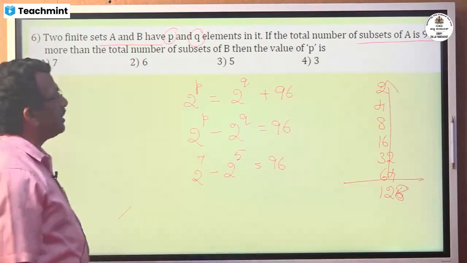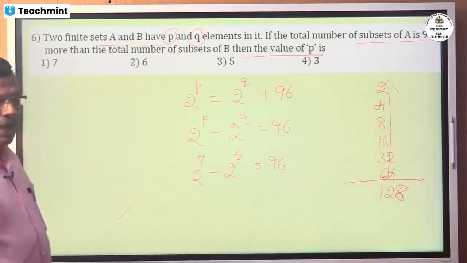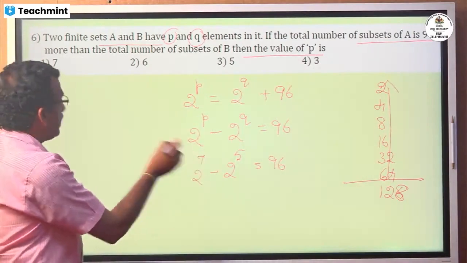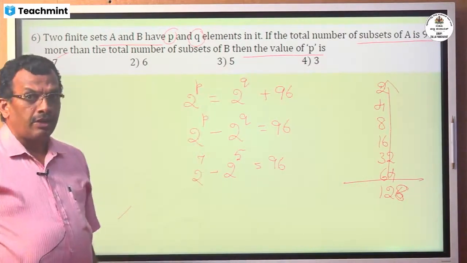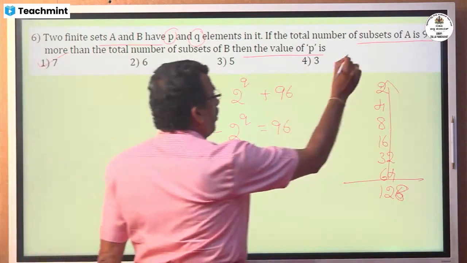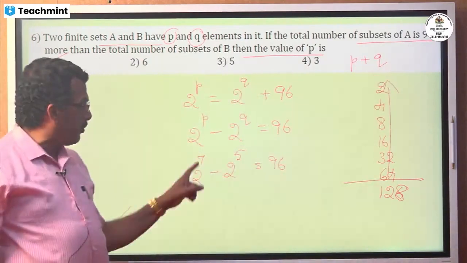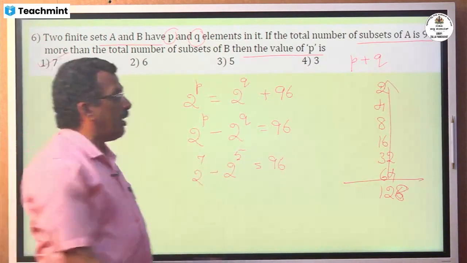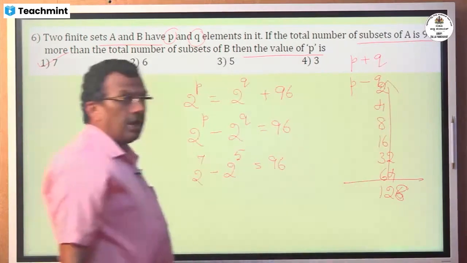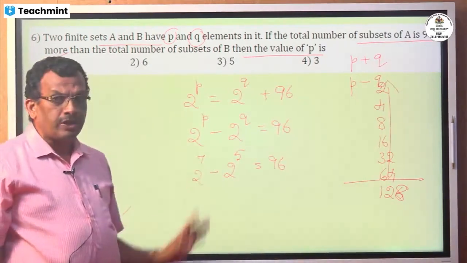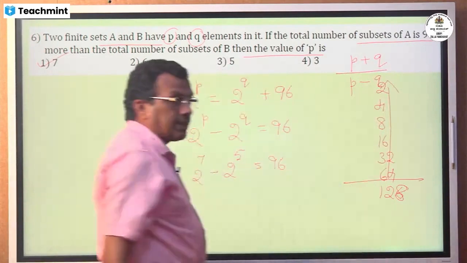The question is, then the value of P is, what is P? 7. ಅಲ್ಲಿ ವ್ಯಾಲ್ಯೂ ಆಫ್ P ಅಂತಾನೆ ಕೇಳಬೇಕಂತಿಲ್ಲ. Then the value of P plus Q is, be careful, 7 plus 5 equal to 12. The value of P minus Q is 7 minus 5 equal to 2.